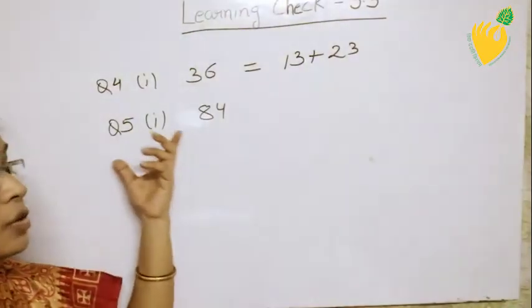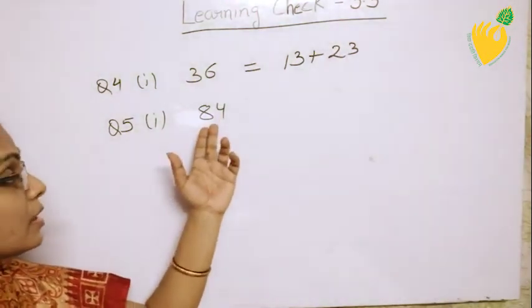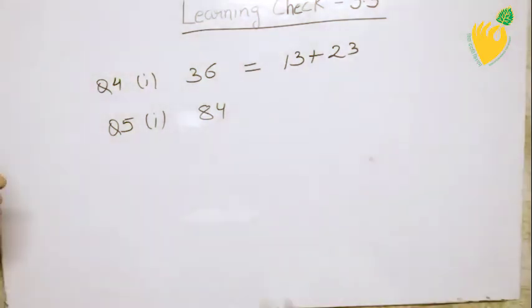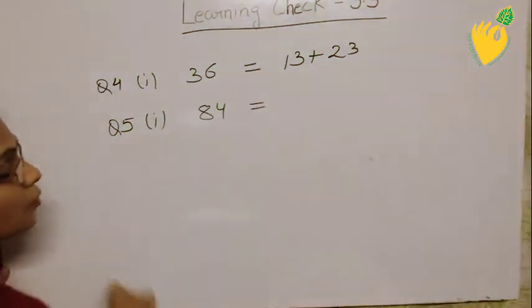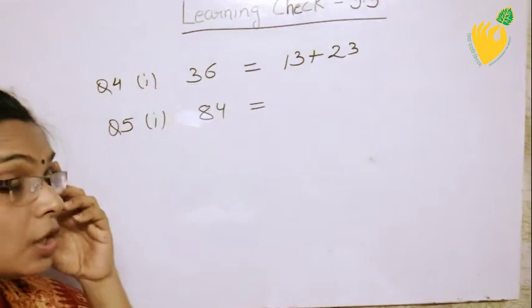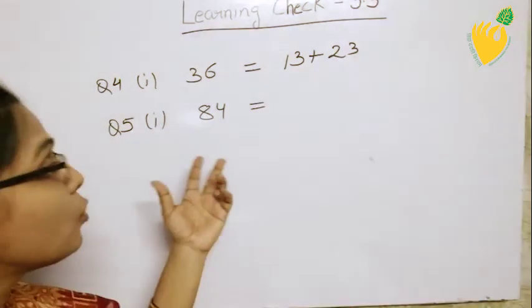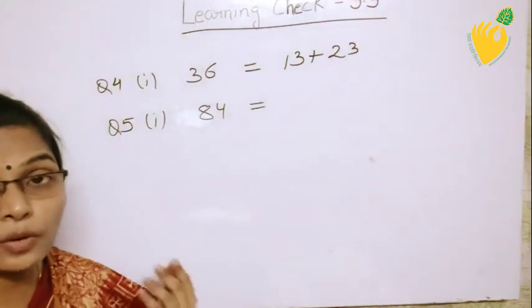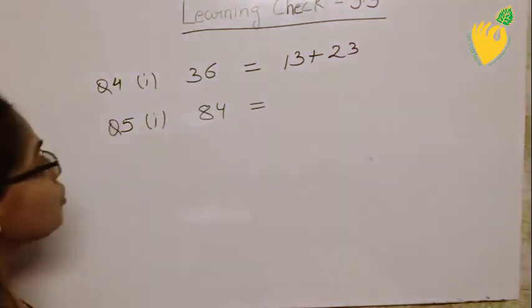The next question is, students, you have to express this 84 as the sum of twin prime numbers. So students, what do you mean by twin prime numbers? It is a pair of two prime numbers whose difference is 2. I have already explained to you about the twin prime numbers.